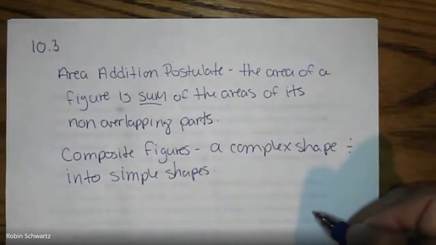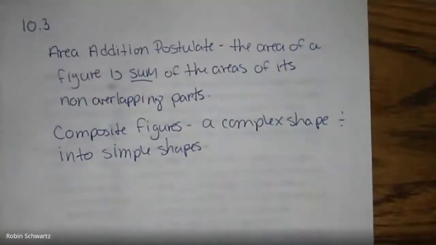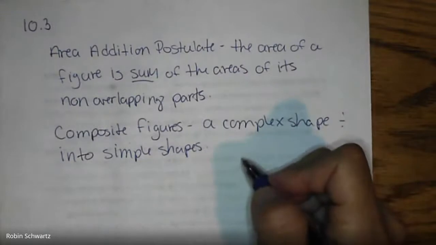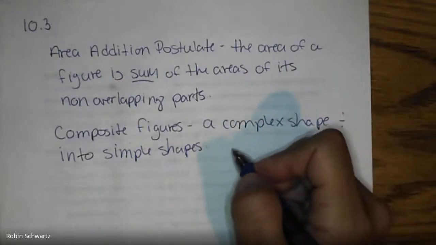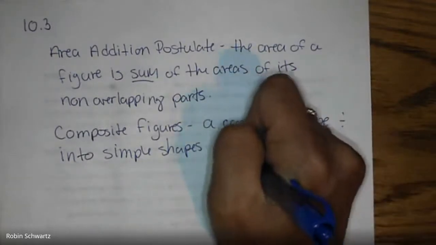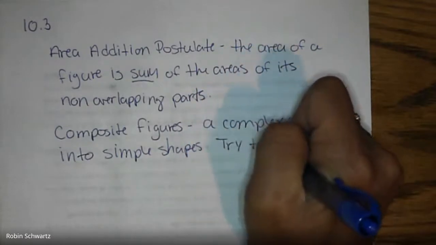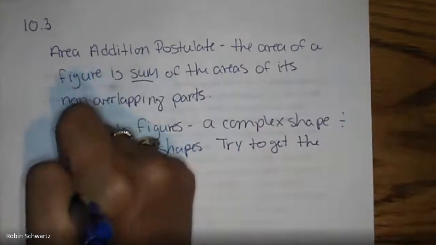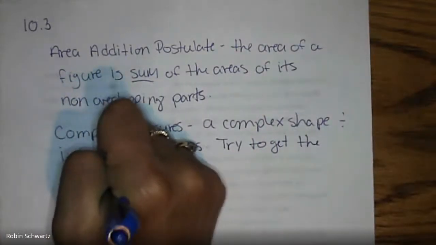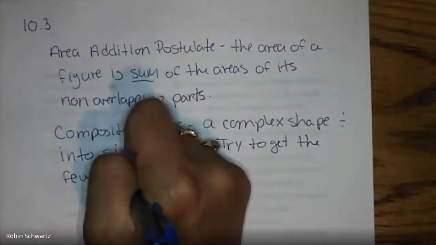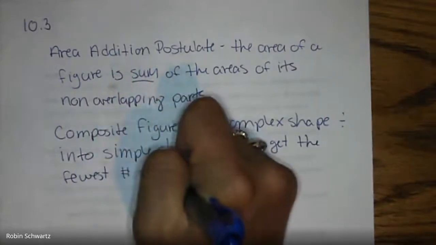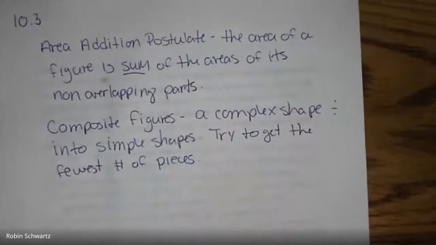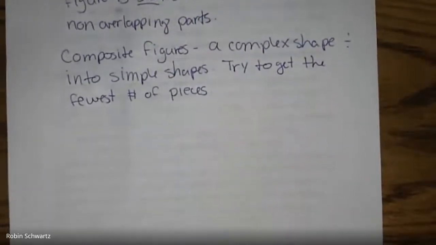And these simple shapes are the ones that are on your little note card with circle, rectangle, triangle, all those shapes, all those formulas we had earlier in the chapter. And your goal here is to try to get the fewest number of pieces. That just saves you work. Okay, so we just have examples, and I think you'll catch on pretty quickly.